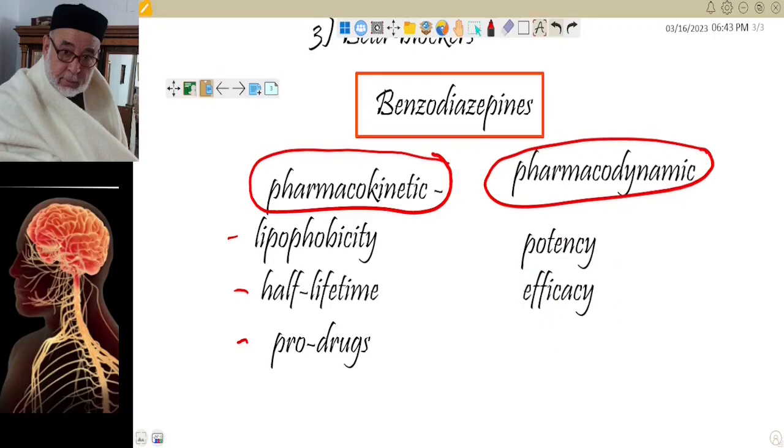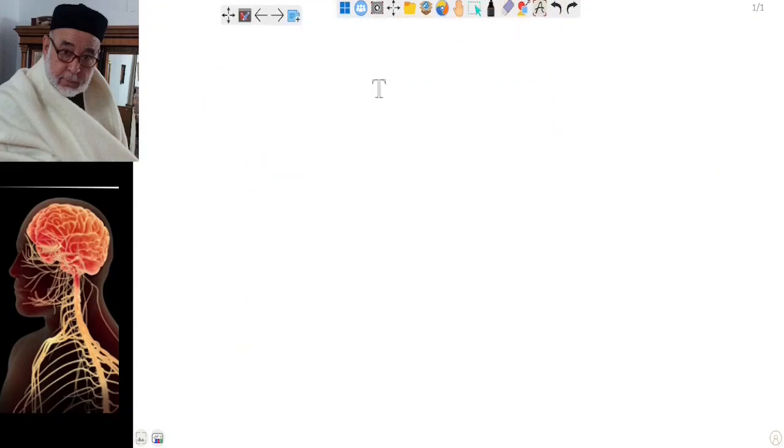We have discussed the difference between potency and efficacy when we talked about general pharmacology. So these are the differences between different benzodiazepines.